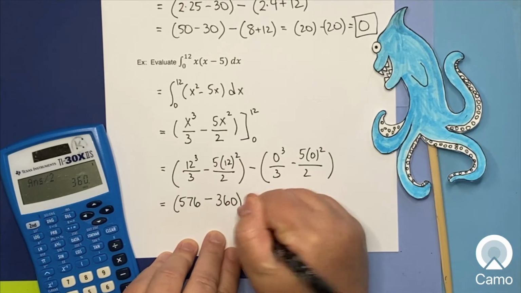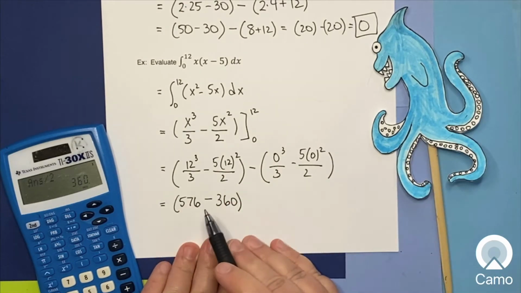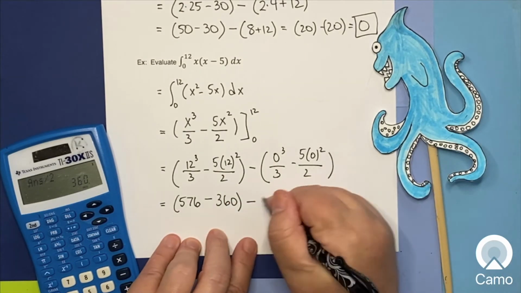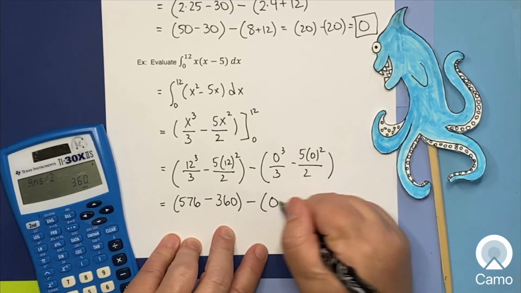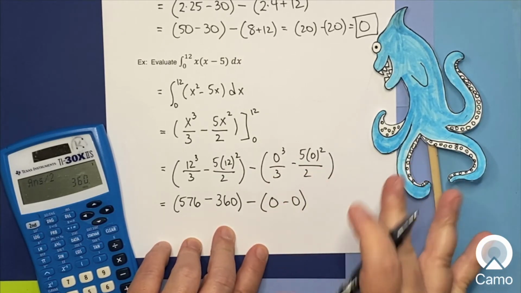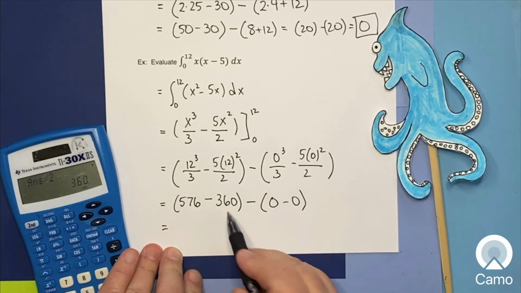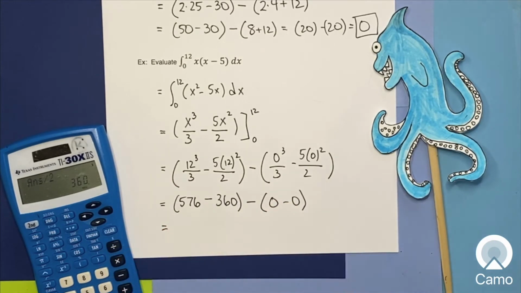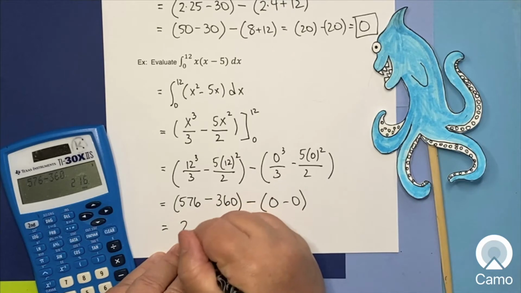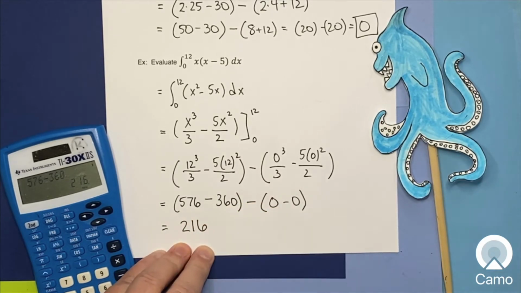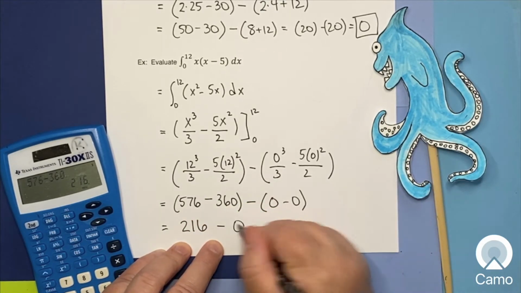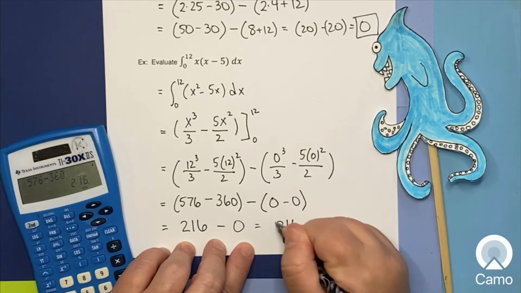So this first expression is 576 minus 360 minus, and again, I do confirm, okay, this is 0, so we're good there. And so here I end up with, let's see, 216. A lot of people can do this in their head, and I usually can, but I always double check. Okay, and then this is 0, so I get 216.